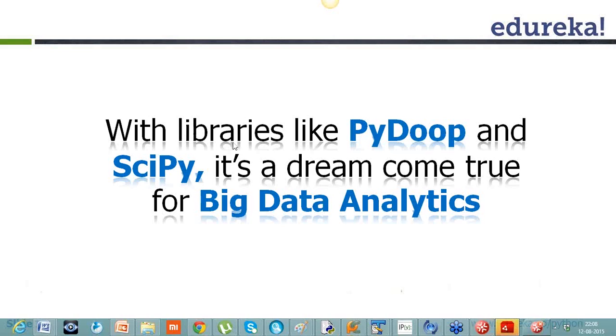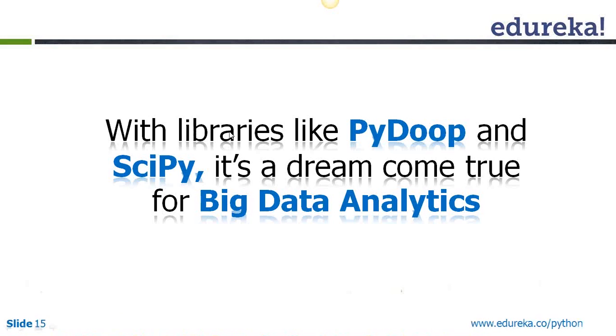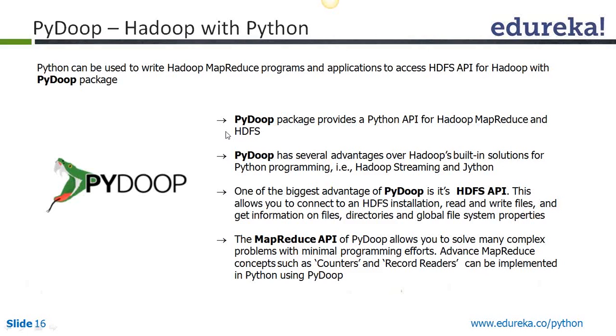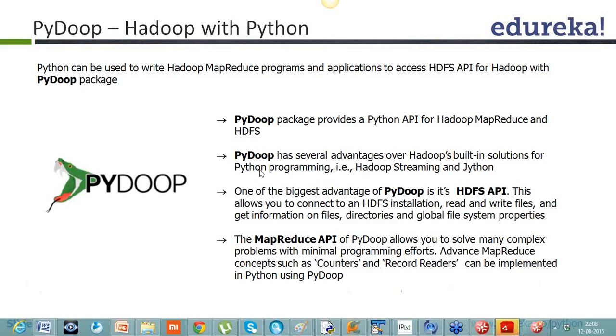Don't worry about that. With libraries like PyDoop and SciPy, it's a dream come true for big data analytics. Hadoop with Python. Even if you don't know Hadoop, we will teach you in this course.